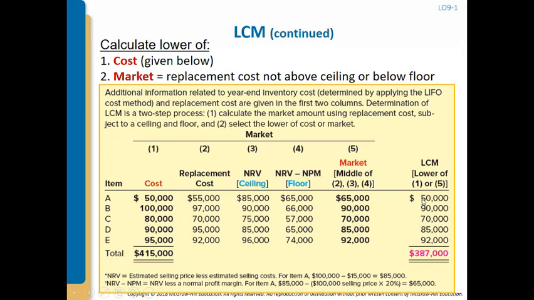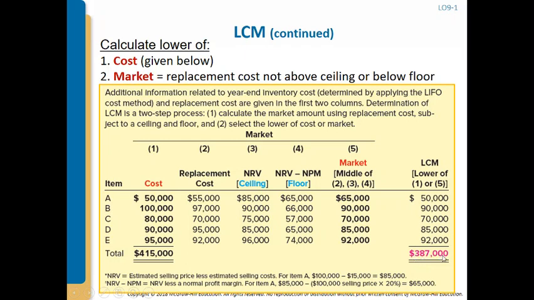Now, you could do this a couple of different ways, just like you could with lower of cost or net realizable value. You can choose individual inventory items, you can choose categories, or you can choose total inventory. But in this case, let's say it's total inventory.